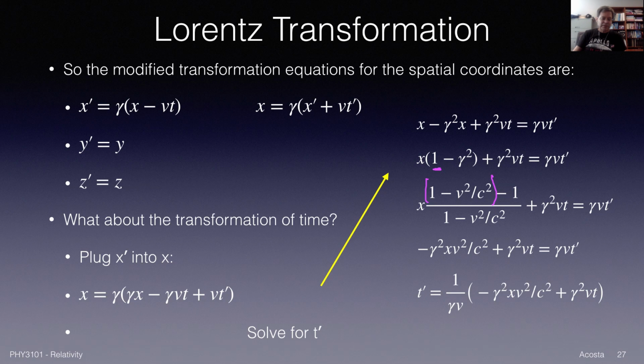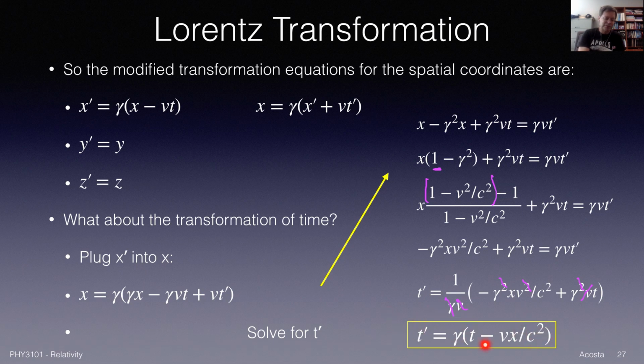Long story short, there's a gamma here that cancels with one power there, there's a v that cancels with this v there, and I'm going to be left with just t prime equal to gamma times t, minus gamma v times x over c squared.